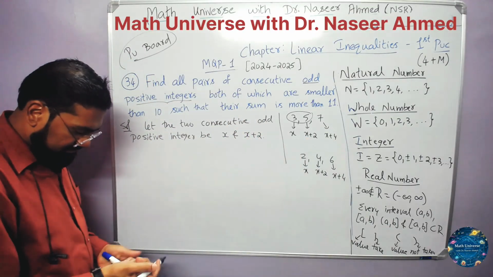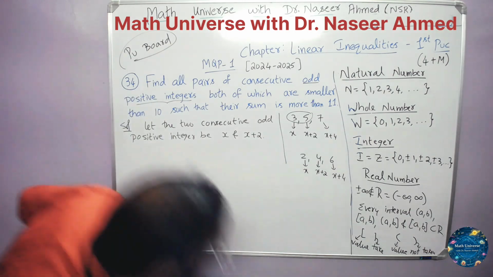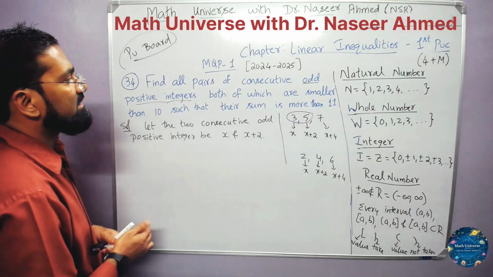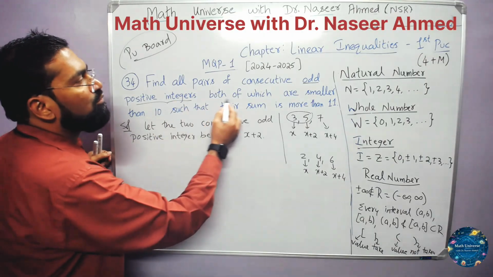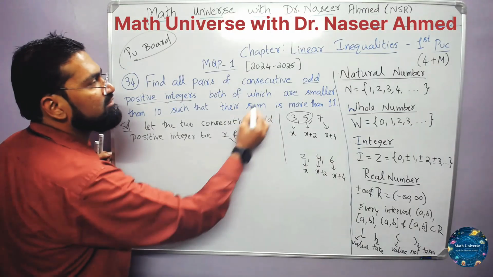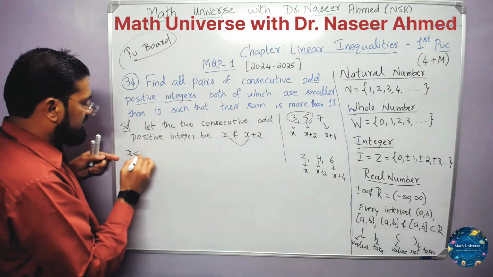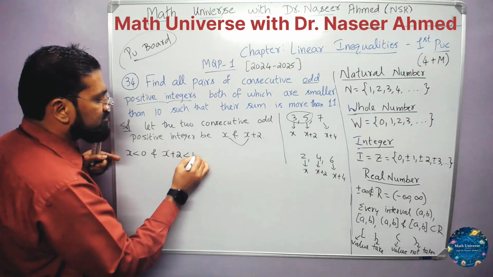Now let us proceed. I take the other marker. Now let us go to the question again. They said we want a pair, both of which are smaller than 10. So x is smaller than 10, as well as x plus 2 is also smaller than 10.